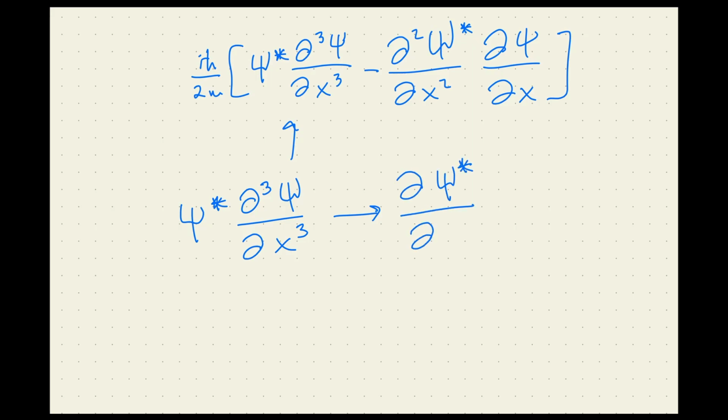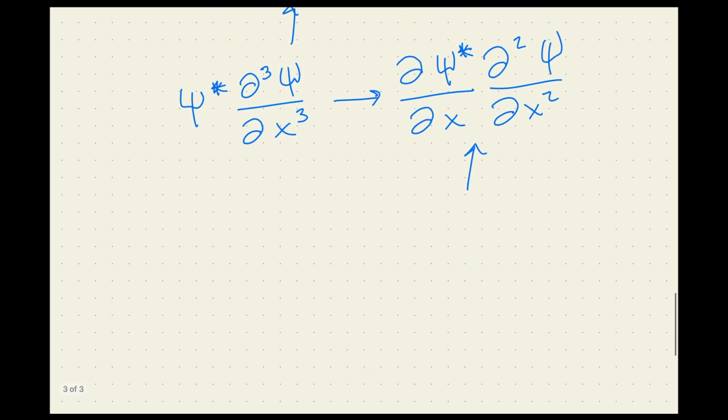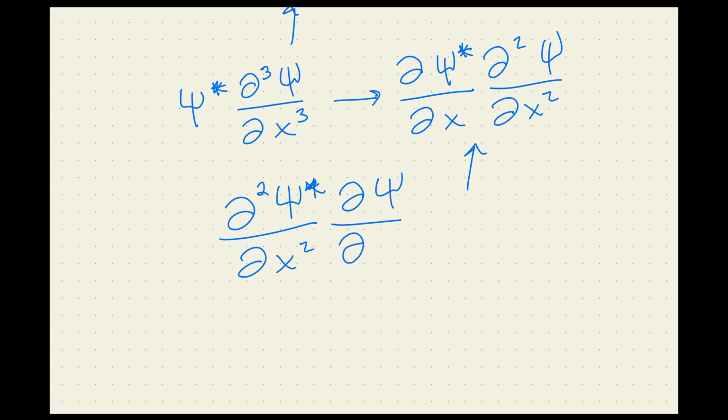So here we move one of the derivatives. Right? And then we apply integration by parts here as well, and we move another derivative to the psi star. So here we are just left with one derivative on the regular side.